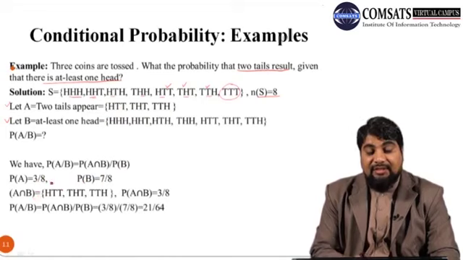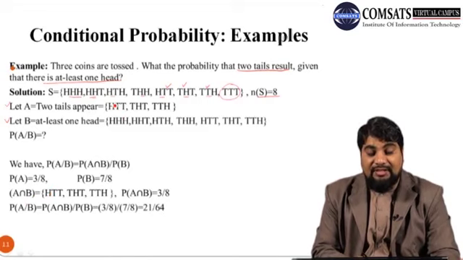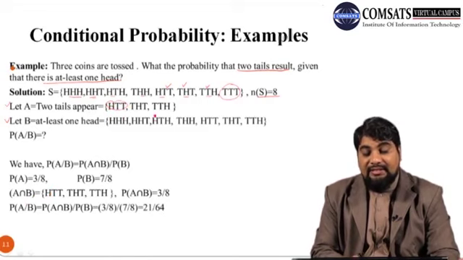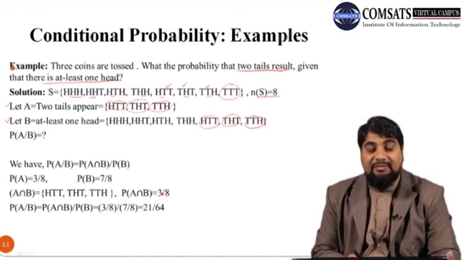A intersection B means the common points to A and B. You can see that this point HTT is occurring here, then THT, and then TTH. So all 3 outcomes are common. So the probability of A intersection B is 3 out of 8.